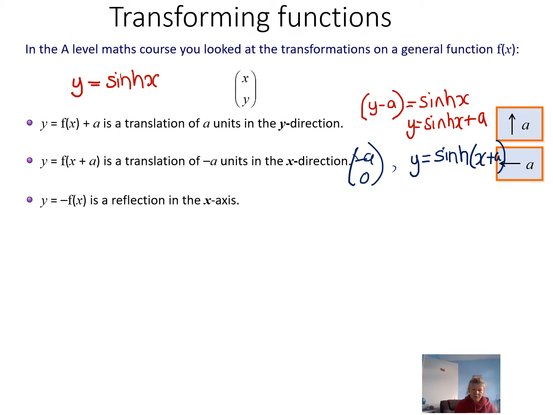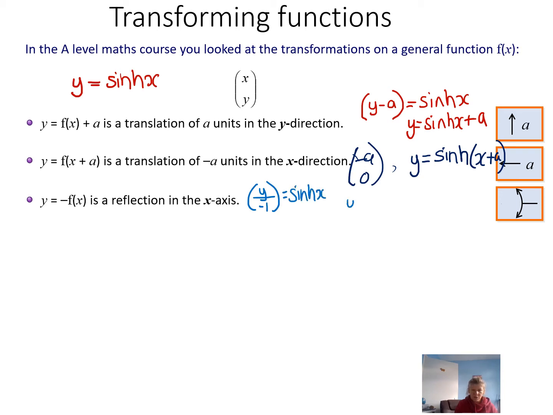If we've got a reflection in the x-axis, it's the y-coordinate that changes. It goes from +2 to -2, or whatever it is. And this one is just -1. So it just changes from plus to minus. So it's the y value that's changing. So we replace the y with y over -1 equals sinh x.